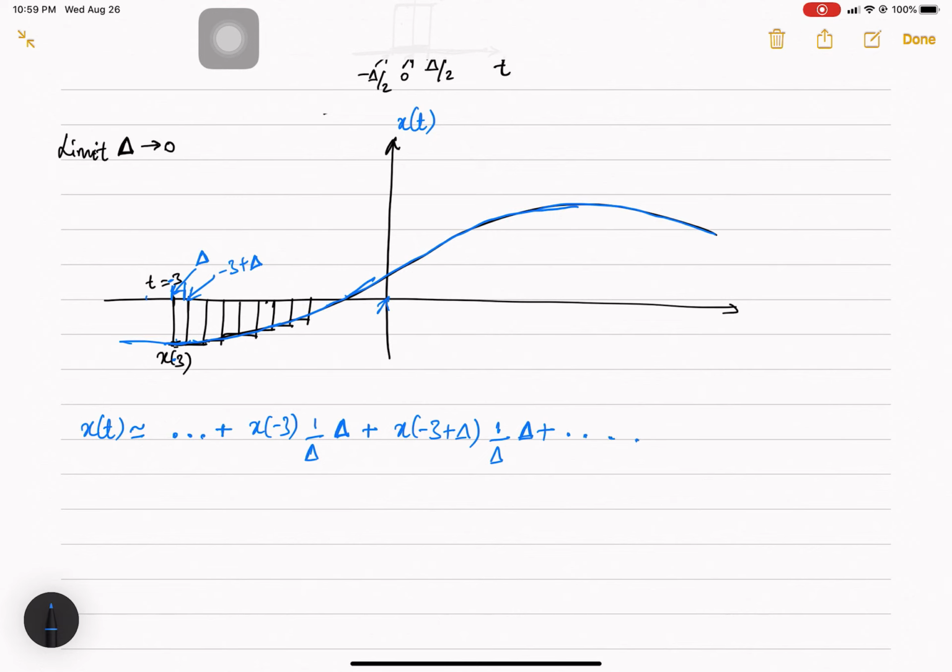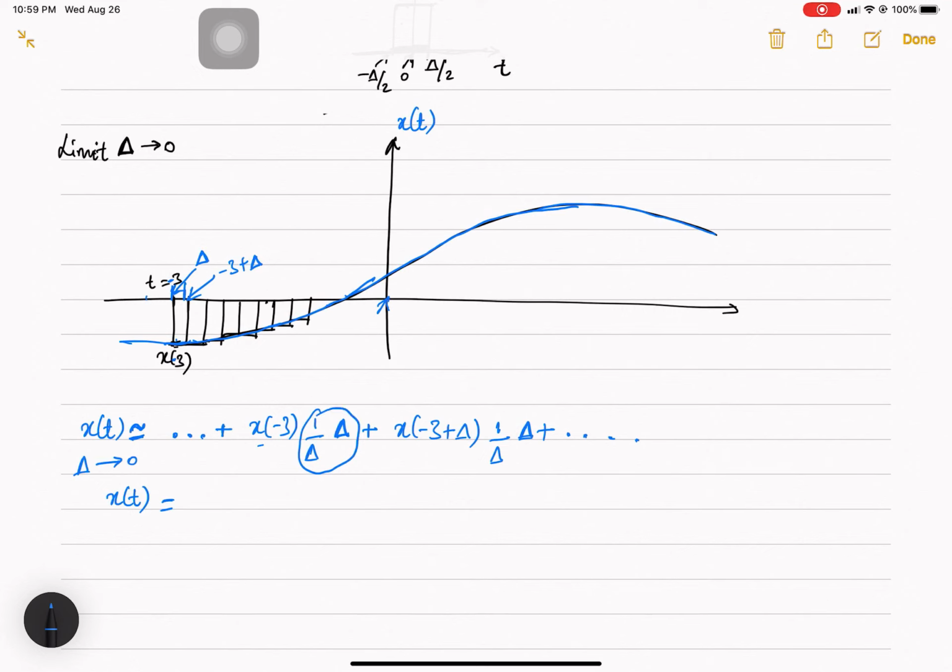Now I'll make delta tend to 0. In that case, this signal, which was approximately equal, in the limit when the width of the pulse goes to 0, will become exactly equal to x of t, and you'll have an infinite number of shifted and scaled impulses. And what is the scaling value of the impulse? The area of this term is equal to 1.